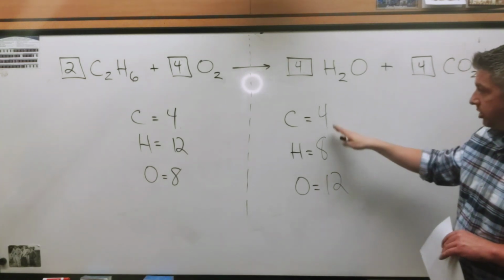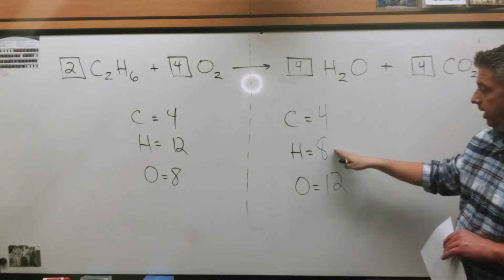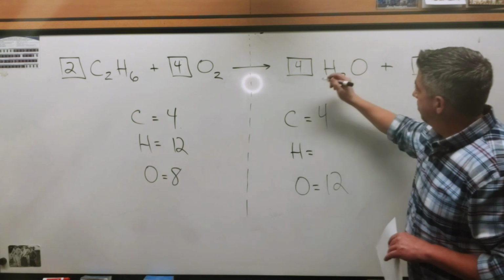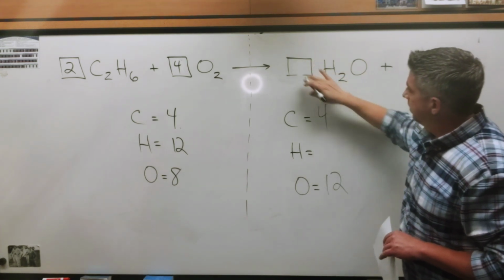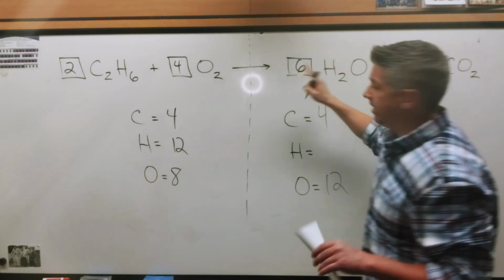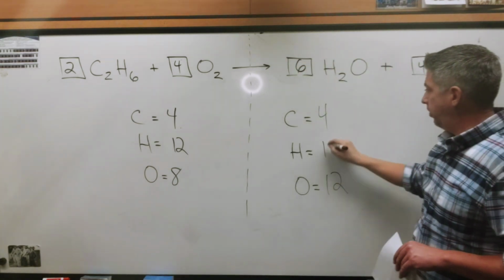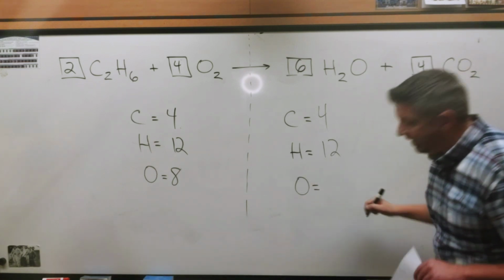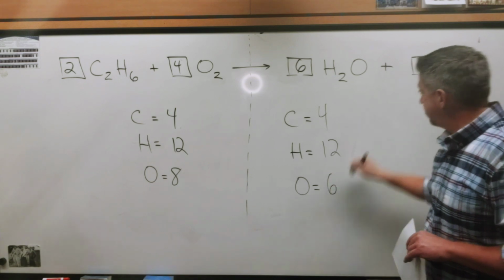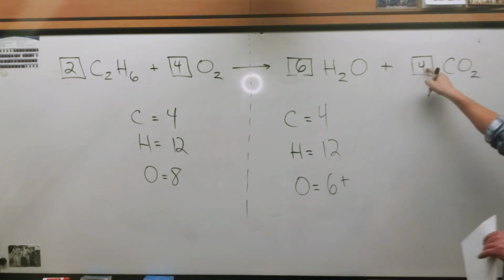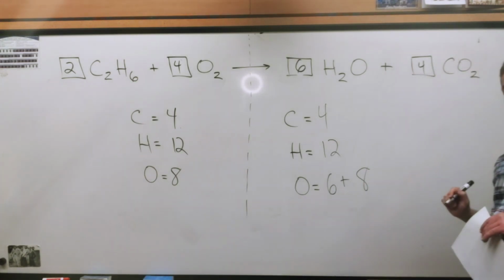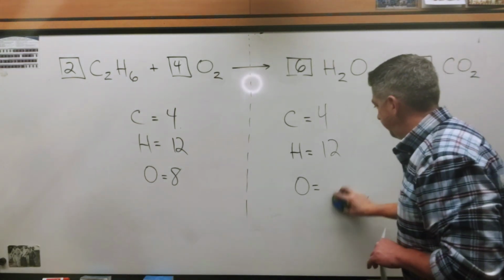The C's match, but not the H's. Okay, let's change the H. Let's change this H right here. We got to get 12. So let's put a 6, because I already know mental math, 6 times 2 is 12. But now we change the O's yet again. 6 times 1 O would be 6, plus 4 times 2 is 8. 6 plus 8 would give me 14.